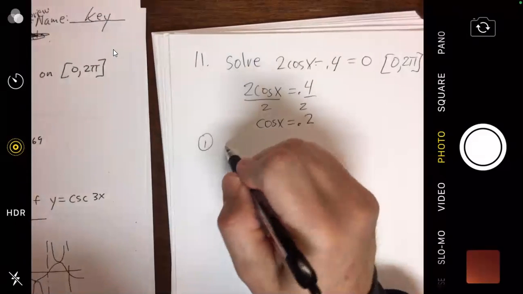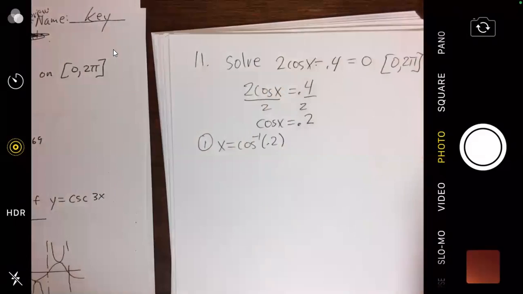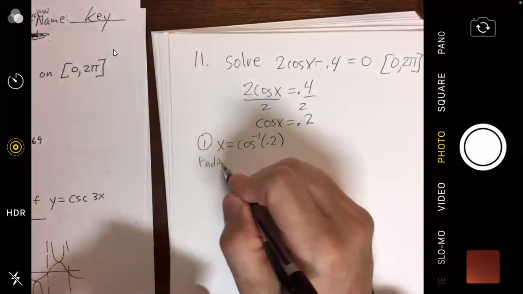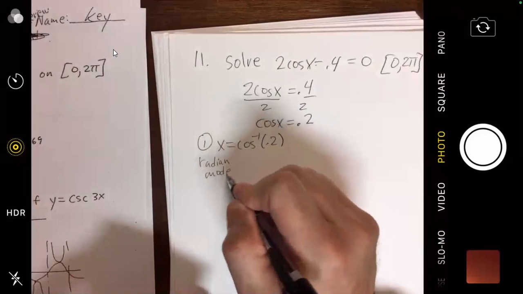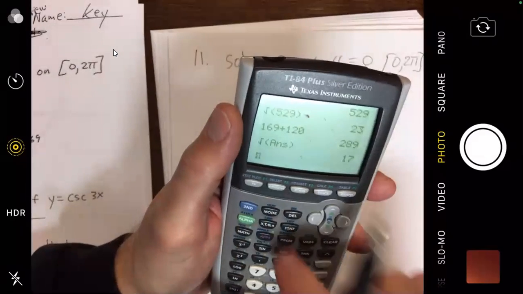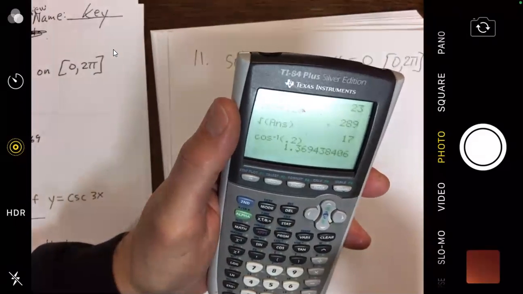First cut at it, your x would be the arc cosine of 0.2. Want radian mode. 1.3694.